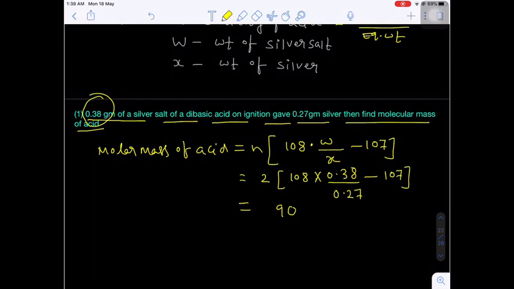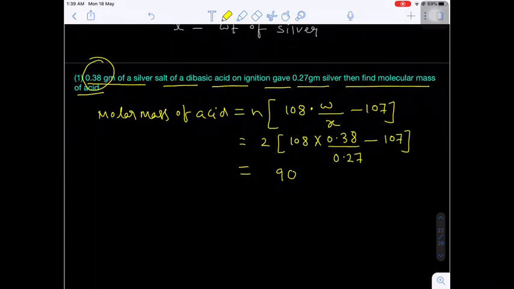Now suppose we do not know the formula, then how to solve the problem? Very simple. This is which acid? Dibasic acid. Now it is treated with whom? Silver nitrate. So we are getting the silver salt.